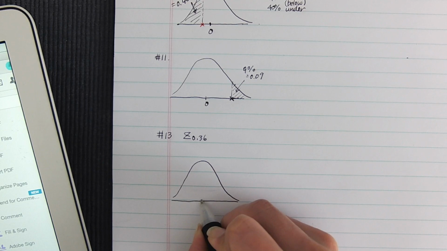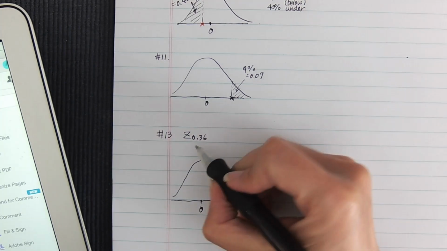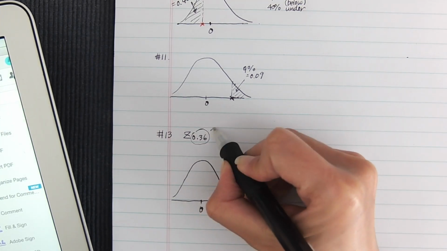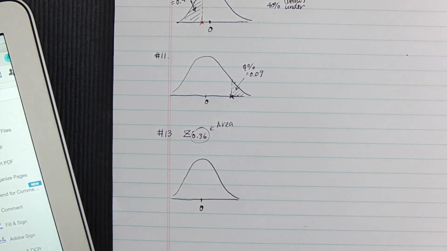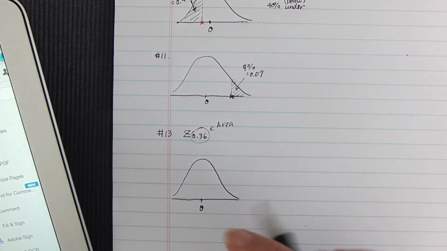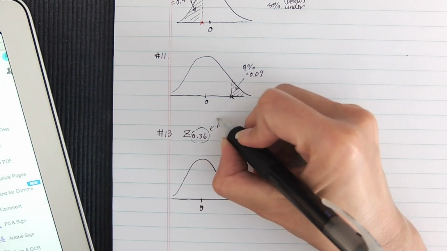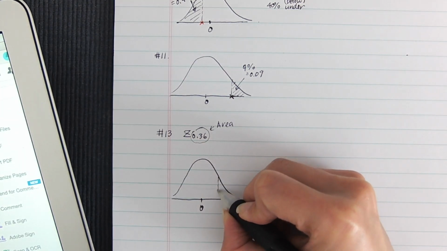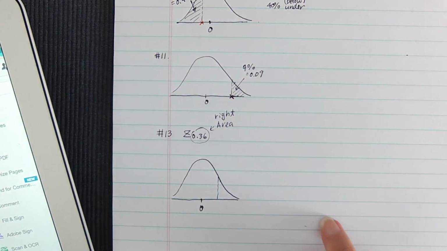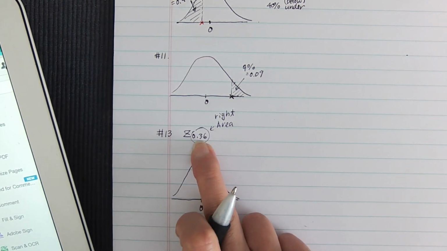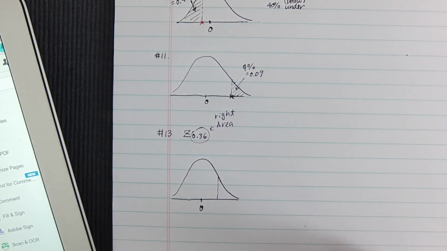The center is 0. Make sure this represents area. I have an area 0.36 because this tiny number is always your right side area. It never changes.